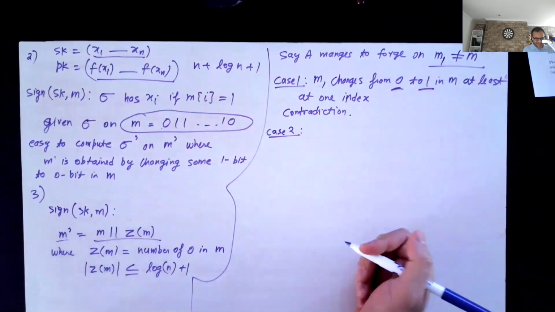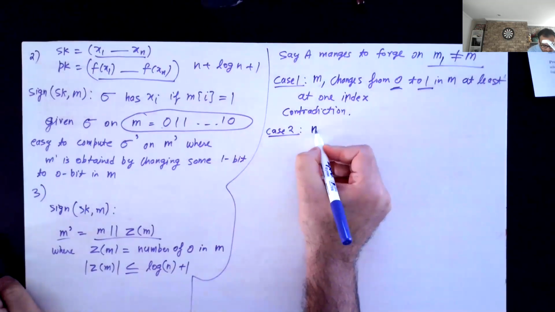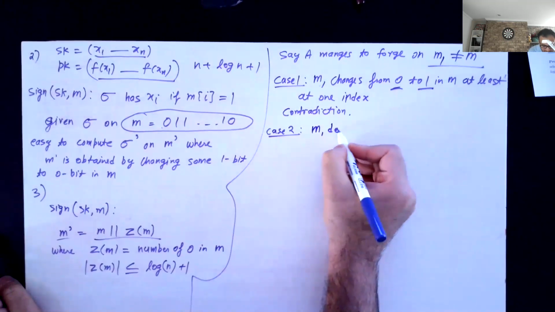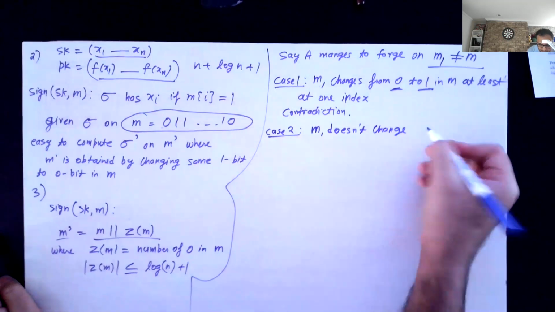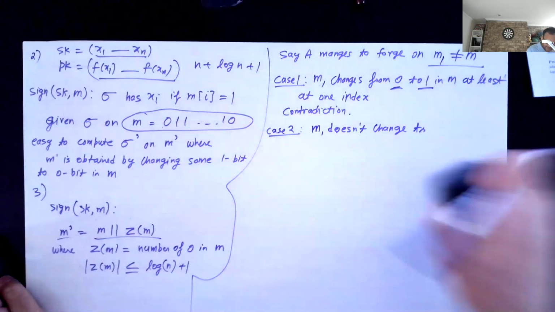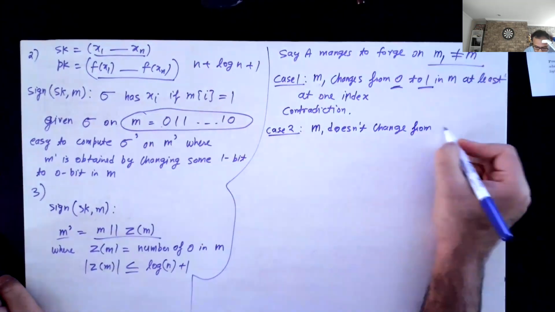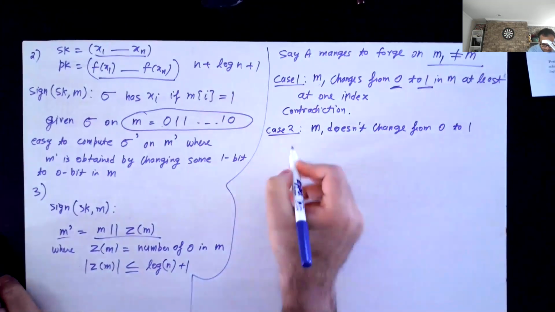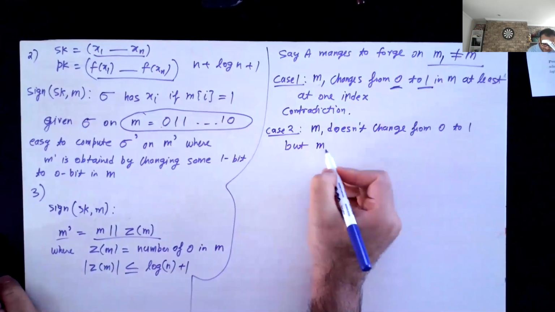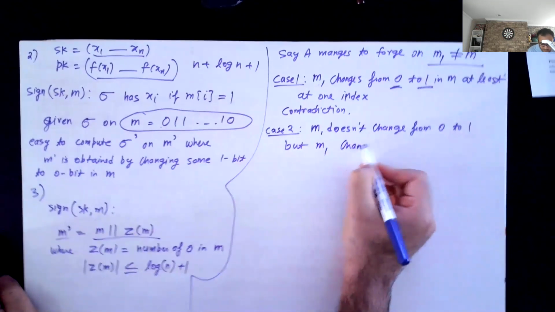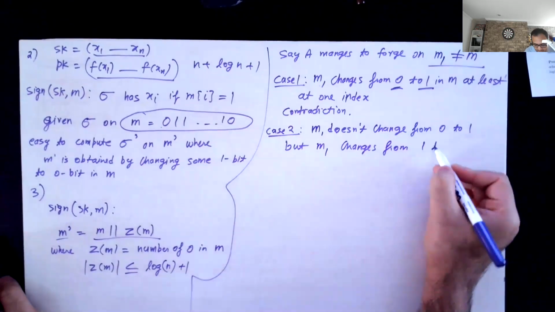What about the second case? The second case is: m1 doesn't change any bit from 0 to 1, but does the other way around, and one changes from 1 to 0.